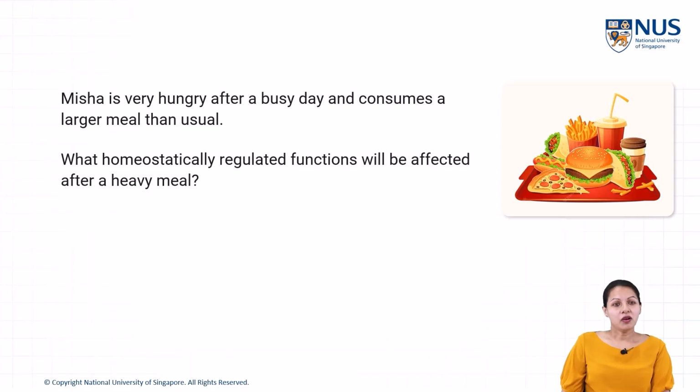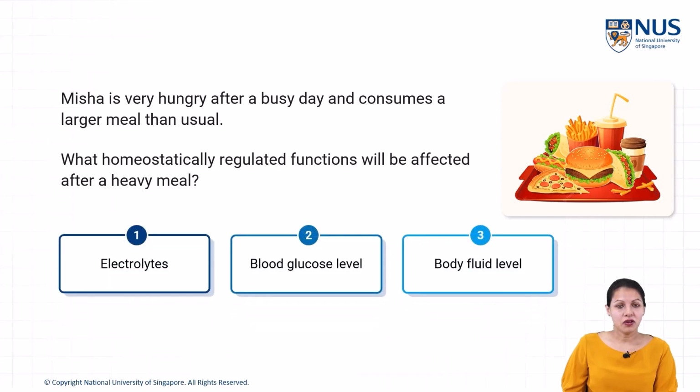Okay. Now let's look into a practical situation. Misha is very hungry after a busy day and consumes a larger meal than usual. What homeostatically regulated functions will be affected after a heavy meal? So, after a heavy meal, there will be a load of salts.